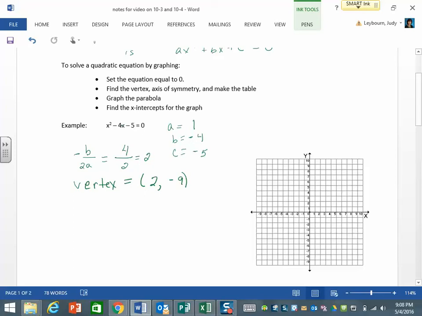The axis of symmetry is going to be the line where x is equal to 2. So far we have the point (2, negative 9) as our vertex, and this line as our axis of symmetry, where x is equal to 2. Now we can make our table.